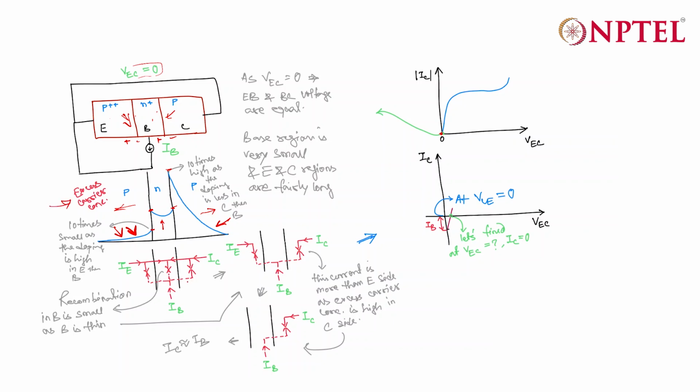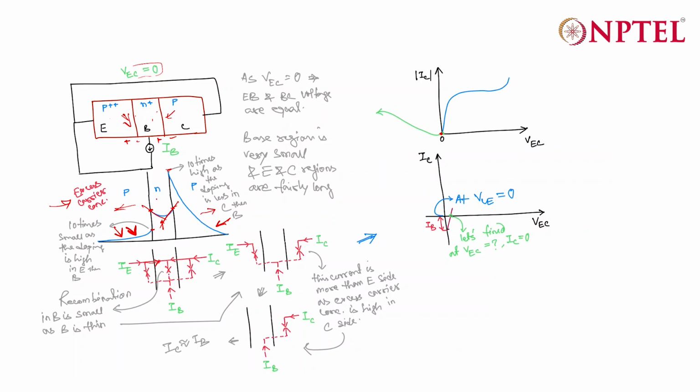Now if you look at the flow diagram in this case, you'll find that the holes are getting injected from the emitter to the base region, and similarly holes are getting injected from the collector to the base region as well. If you see the slope here, it will be much clearer that there will be a hole current from the collector to the base as well as from the emitter to the base region.